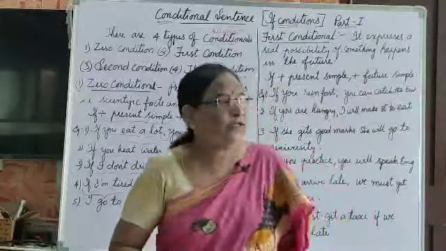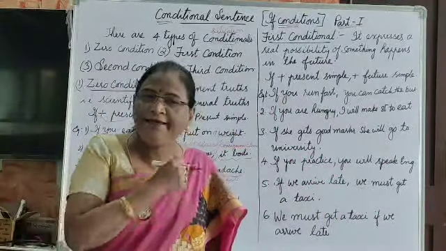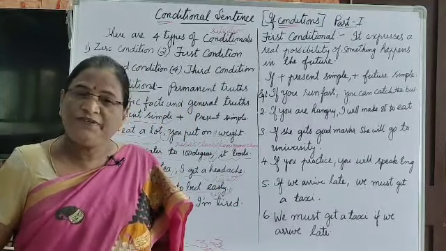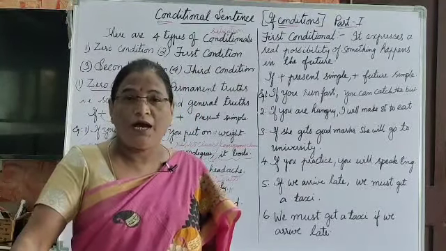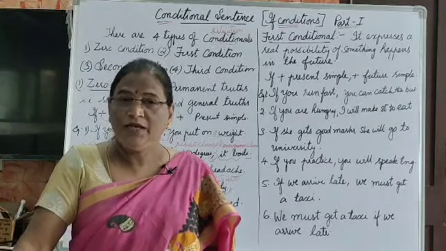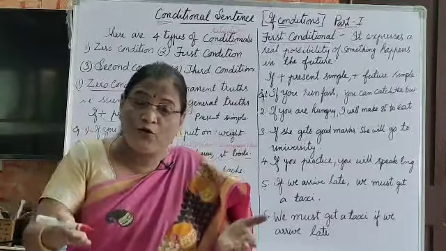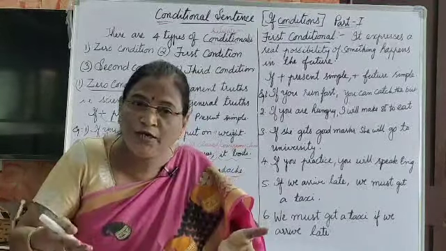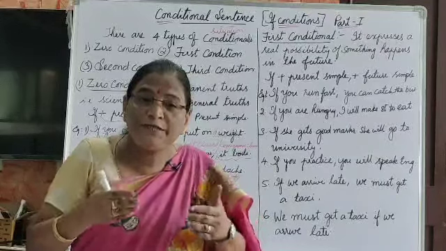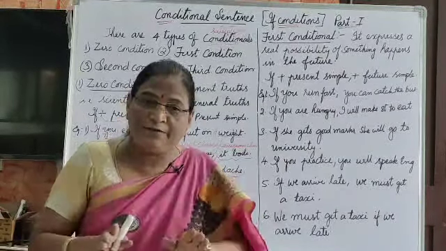Okay. Now let us come to the first conditional. In this first condition, we talk about high possibility or high chances. Possibility is more. Here we express real possibilities which happen in the future.